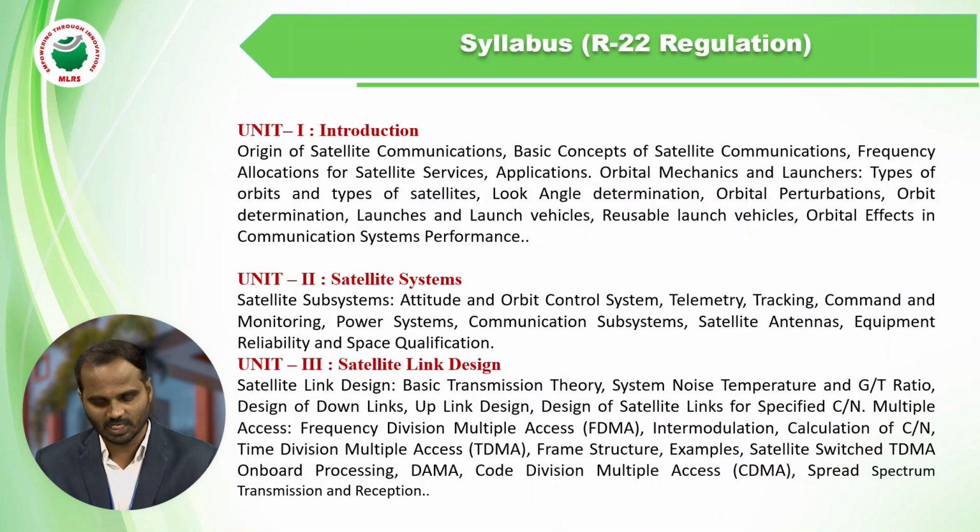Satellite antennas, equipment reliability and space qualification. Going to the third unit, that is satellite link design. In satellite link design: basic transmission theory, system noise temperature and G/T ratio, design of downlinks and uplinks, design of satellite links for specified C/N, multiple access, frequency division multiple access, that is FDMA, and intermodulation, calculation of C/N, time division multiple access, that is TDMA, frame structure.